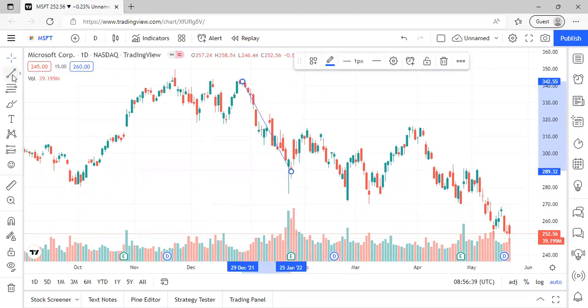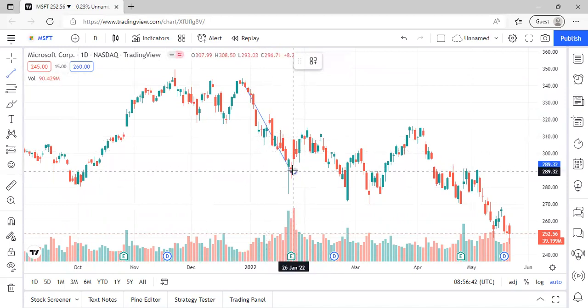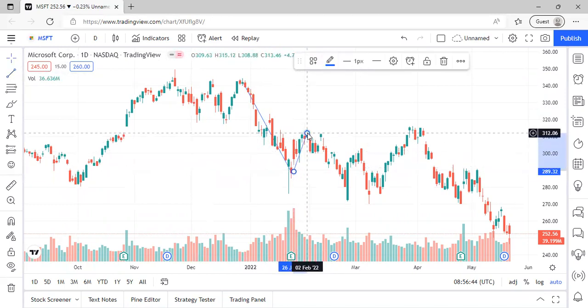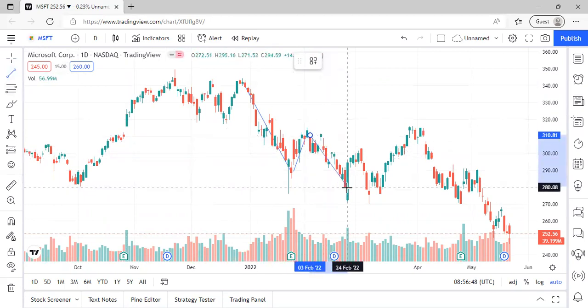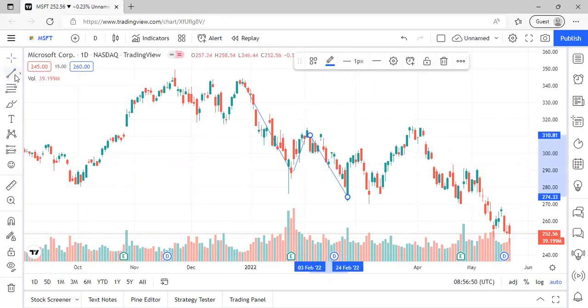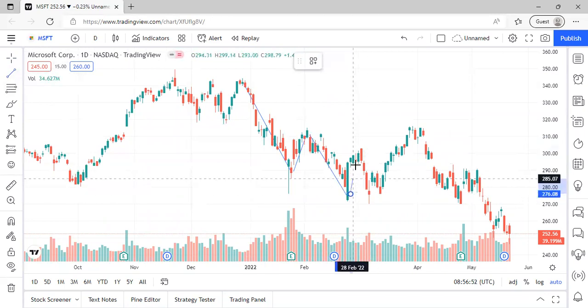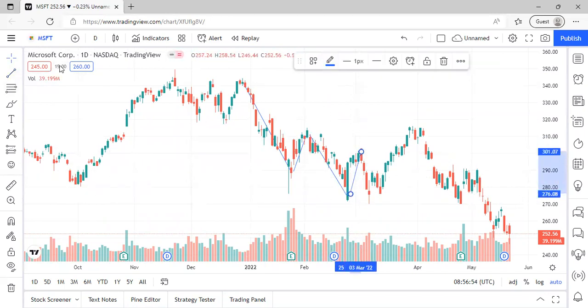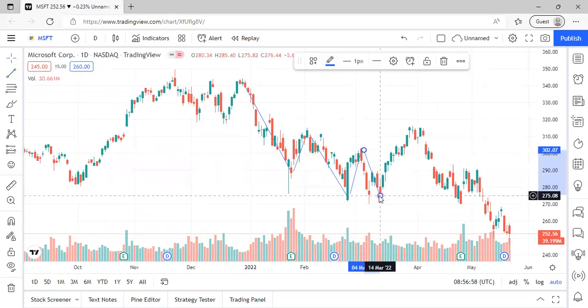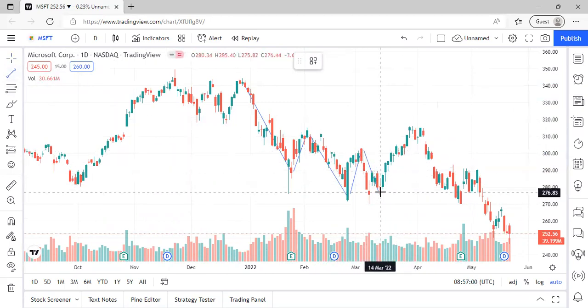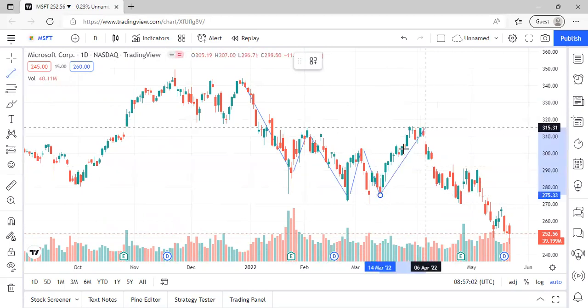Looking at this particular chart, I will start drawing from the peak to the trough as one line, and from the trough to the next peak, and from the peak to another trough, and from the trough up, and the peak down. And lastly, the trough to the peak.